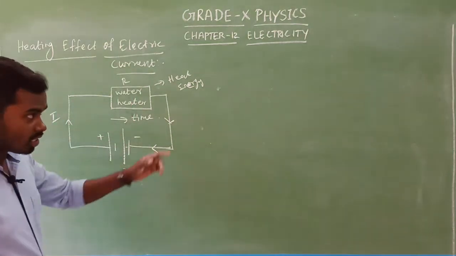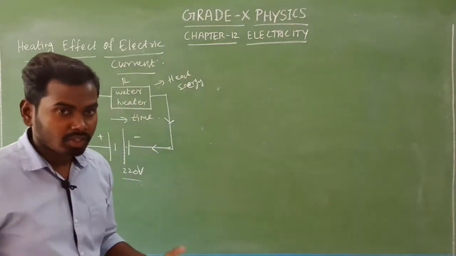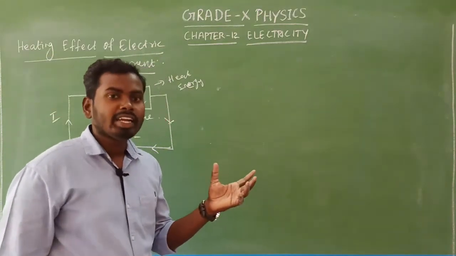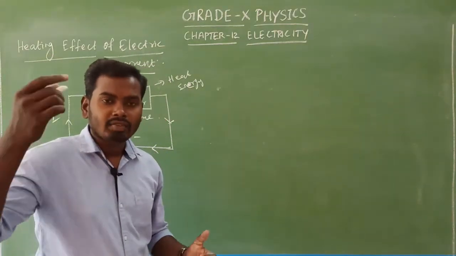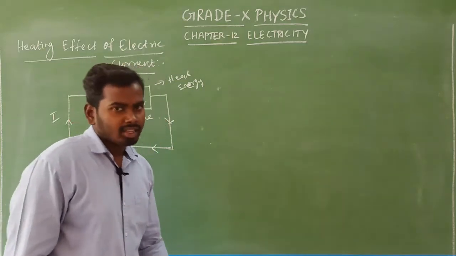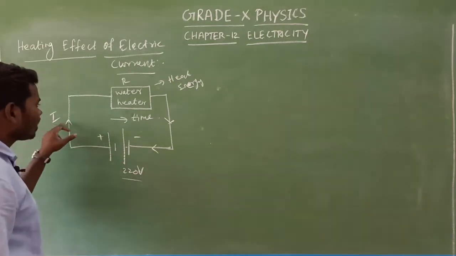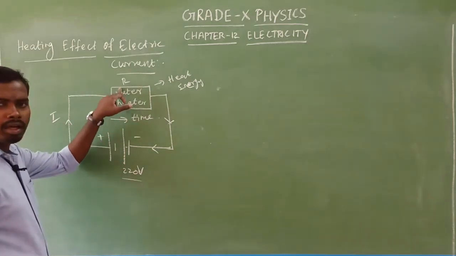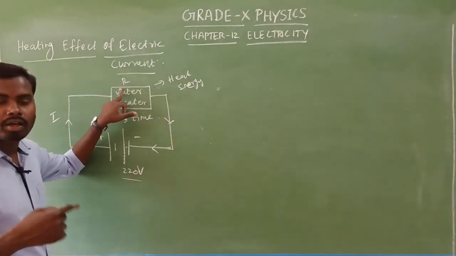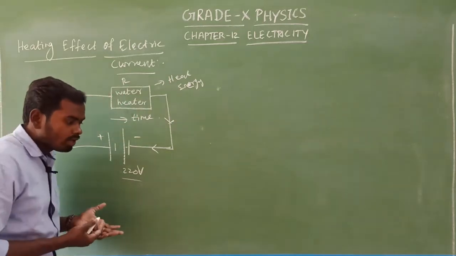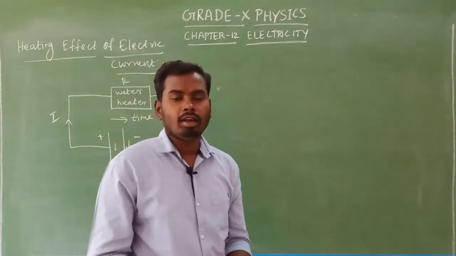Already we know, just now we have seen, if the resistance is more, then the heat will be more. Resistance is less and heat will be less. Is that clear, students? So there is some relationship between the voltage, current, time factor and the resistance of the wire. Okay, so now we are going to prove that relationship.